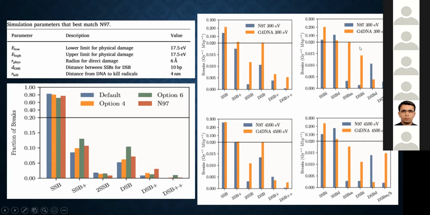Yesterday we were talking with the biologist of the group, and he said that what is important is the amount of double strand breaks, so it's okay. In fact, they just did this to validate Geant4-DNA, and in this part they said, okay, it's not agreeing with N97, but it's agreeing with the other simulation, the part track, so it's good.